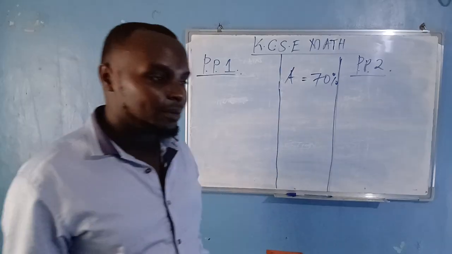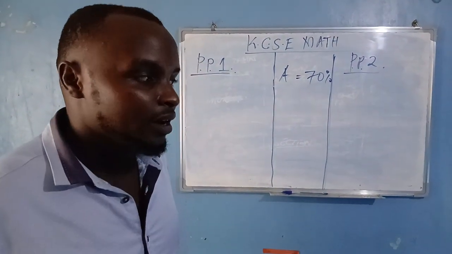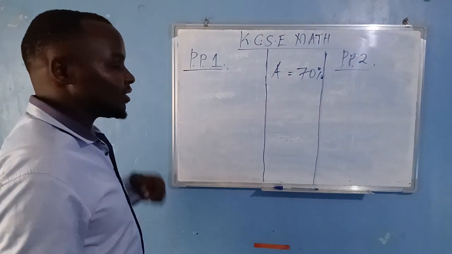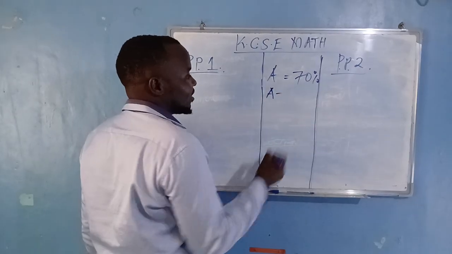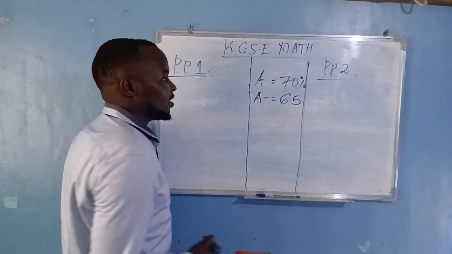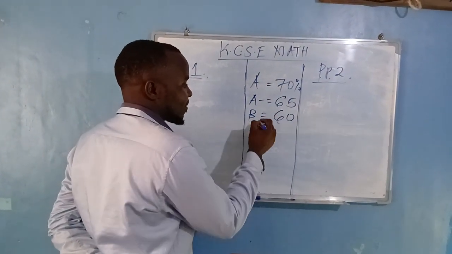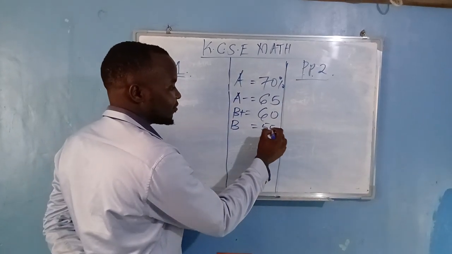There are some areas in mathematics which you know that they will definitely be tested in the exam, and therefore you can prepare very well in order to get that. If you miss a 70, you cannot miss to score A minus, which in last year's exam was from 65. A B plus was starting from 60, and then a B was starting from 55 marks.